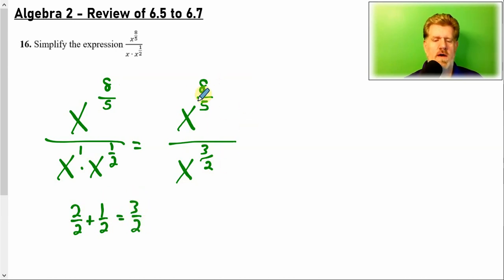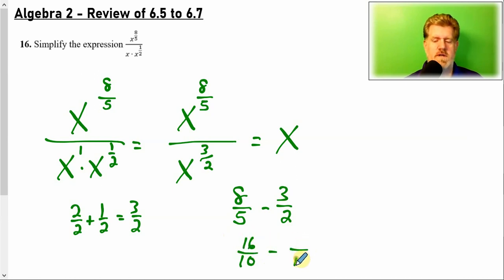All right, now I'm dividing, which means it's x to something, but that something is whatever 8/5 minus 3/2 is. All right, common denominator, 10. So we double it, that's 16. 2 is 10, 5 times 3 is 15.